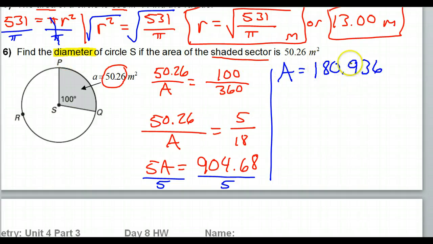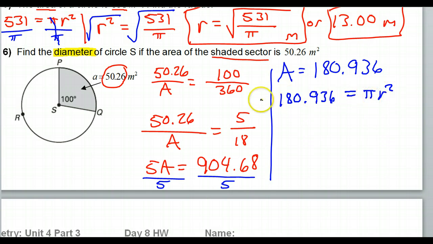So if I have the area, I could substitute that into the area formula. The area of a circle, of course, is pi times the radius squared. So if I take this and put it in for A, then this is going to become 180.936 equals pi r squared.